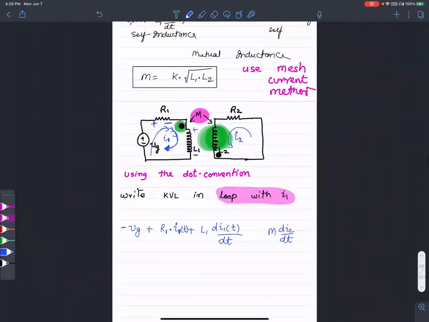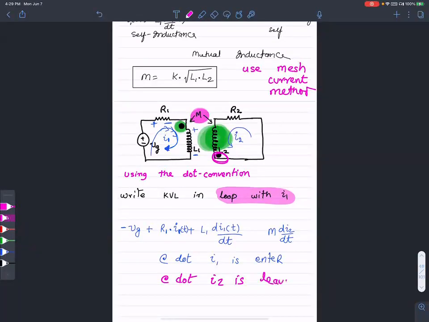In the left loop, at the dot, the reference current is entering the inductor, and at the same time, at the dot down below, I2 is leaving the inductor.